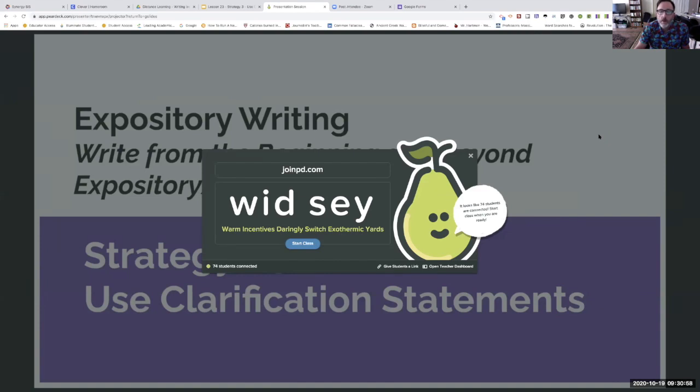I'm going to give you one example of a science clarification statement. But clarification statements are really important when you start talking about science, history, any of the different content areas that just require some vocabulary and some knowledge for sure. So we'll get started here in just a moment.